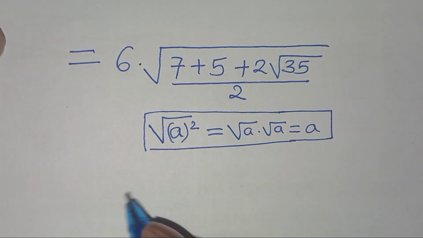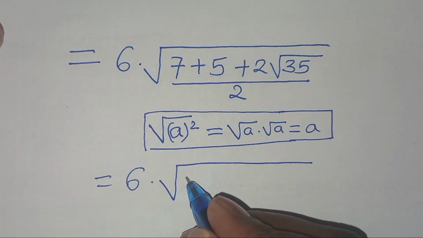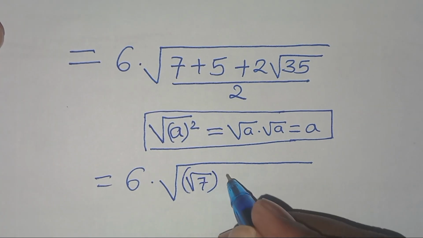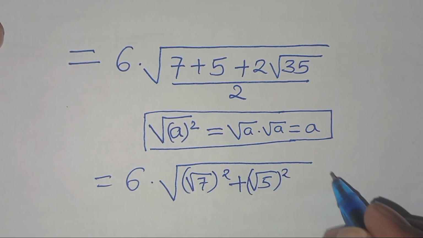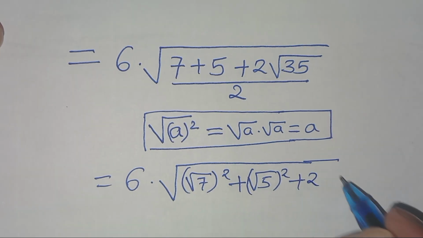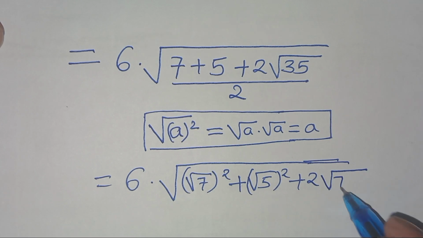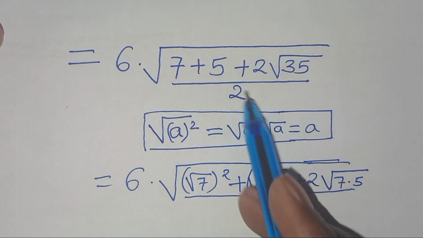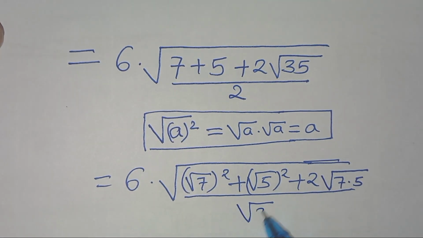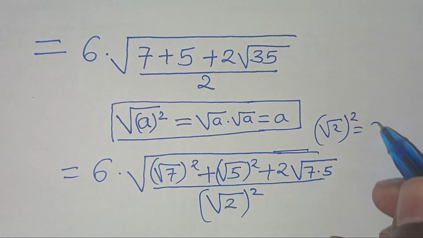So applying this property, then we have 6 times square root of, now here we have square root of 7 squared plus square root of 5 squared, then here plus 2. Now we can express square root of 35 as square root of 7 times 5 divided by, now we can express 2 as square root of 2 squared. So square root of 2 squared, this is the same thing as 2.